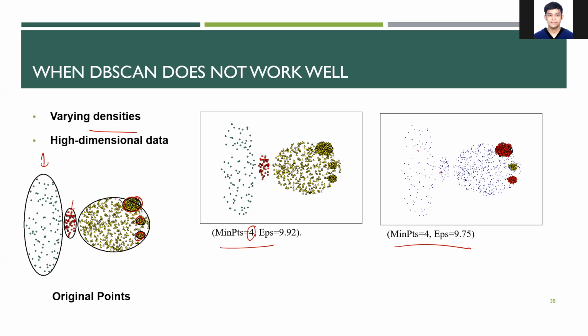So the blue ones are categorized as noise points. The clusters are only 1, 2, and 3, and clusters 1 and 3 are in the same group because they have the same density. The other points are all categorized as noise points because the density is very low.